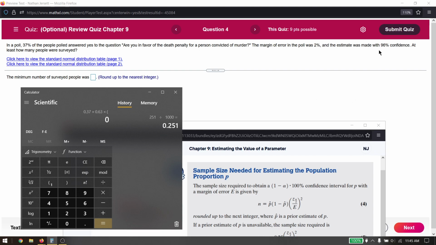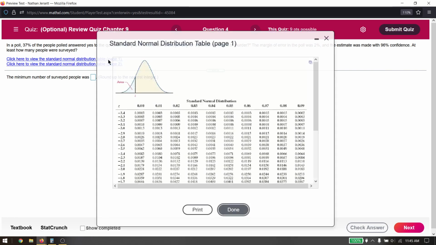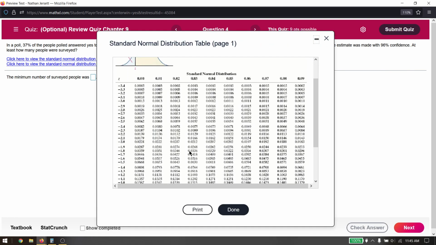And then we have 96% confidence, which means alpha is 0.04. We need to find that on the table. Of course, that's alpha over 2, so it's going to be 0.02. So we want 0.02 for the area.